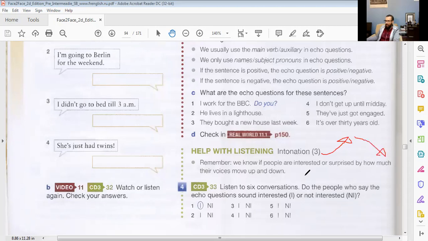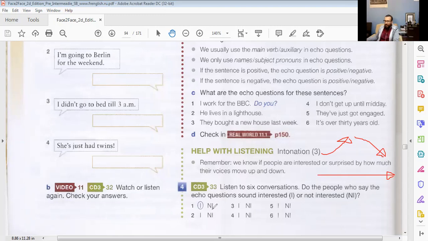But if you're monotonous, like schizophrenia patients, they speak in a flat intonation, like a robot. So this means you're not interested, or you're bored, or you're angry, or you're upset.